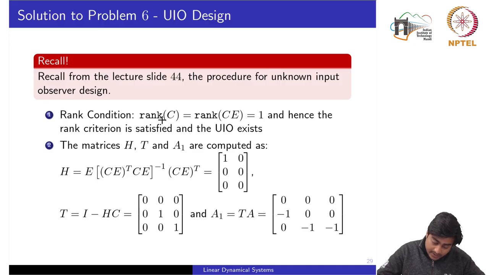If we check the rank condition of C and CE, it is equal to 1. So a UIO exists, and this H is a special solution which we have computed with this matrix. The rest of the matrices, the T matrix and the A1 matrix, were straightforward to compute once we had computed the H matrix from the first step.